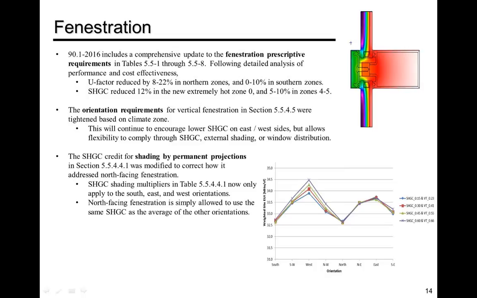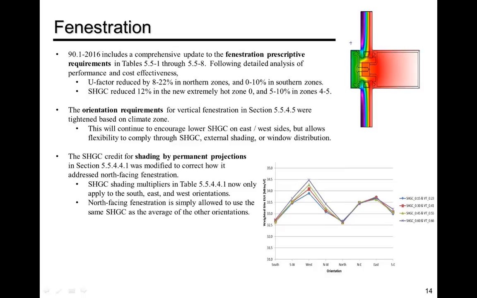The solar heat gain coefficient was reduced 12% in the extremely hot zone 0, and 5 to 10% in zones 4 and 5. There's a lot of looking at the orientation requirements. In this case, for vertical fenestration, they were tightened based on climate zones, and provided the flexibility to comply using either the solar heat gain coefficient, external shading, or window distribution.